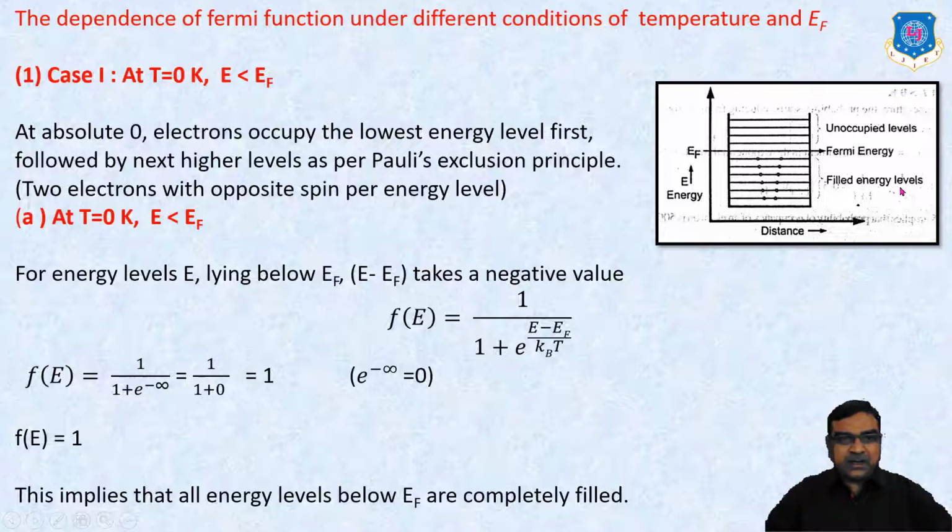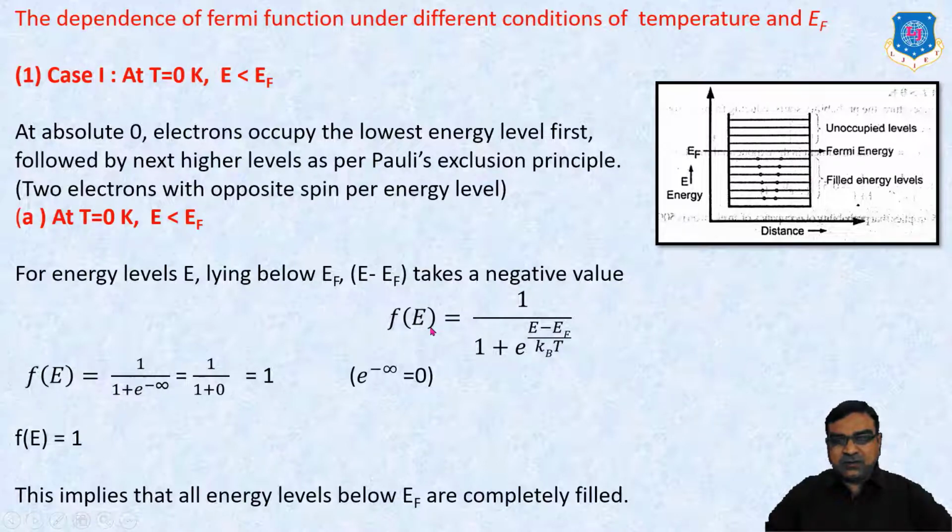than Fermi energy. For an energy level lying below EF, so this is a graph of energy versus distance, EF is the Fermi energy. So E minus EF takes a negative value.